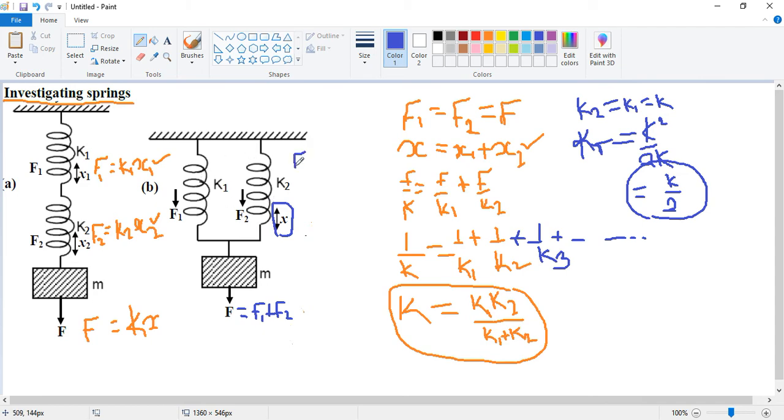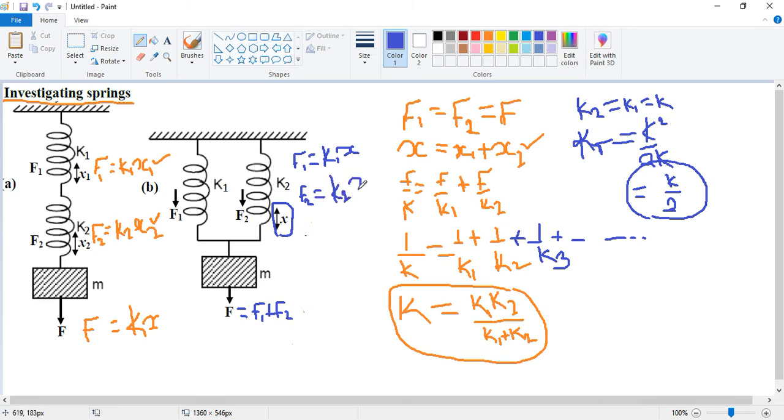F1 for this spring is going to be equal to K1 times X. Even if they have different spring constants, they will extend by the same amount. So F1 will be equal to K1 times X, and then F2 will also be equal to K2 times X.